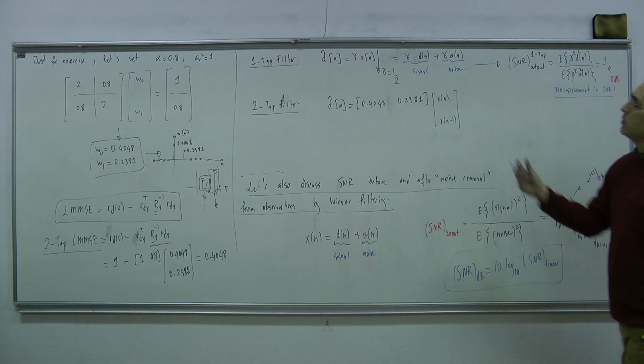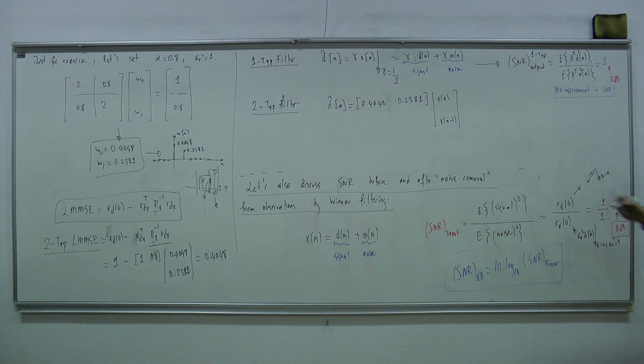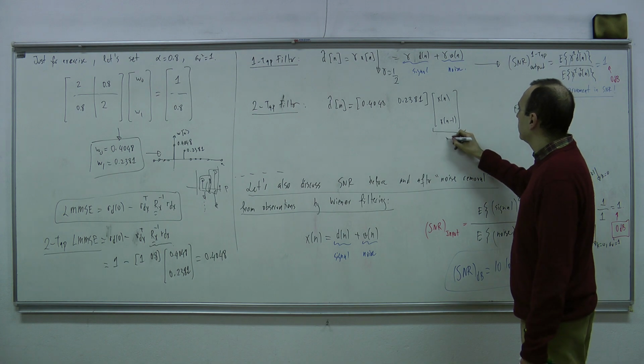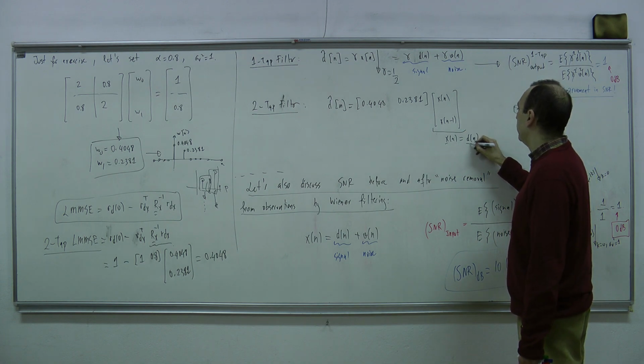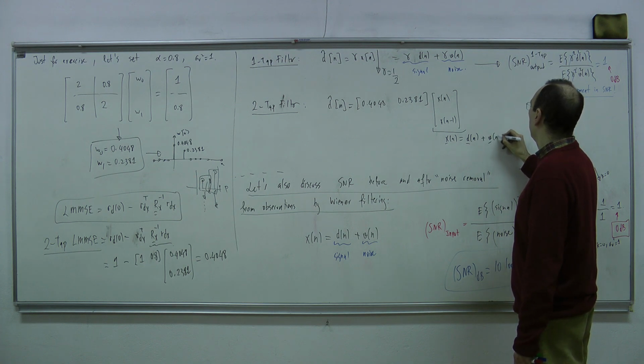So where is the signal term and where is the noise term? Let me write x of n, with this obvious notation, as d of n plus v of n.